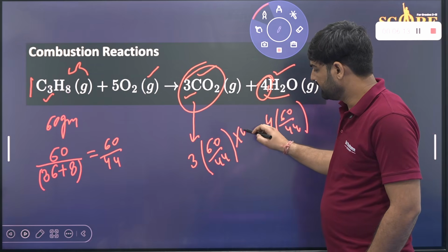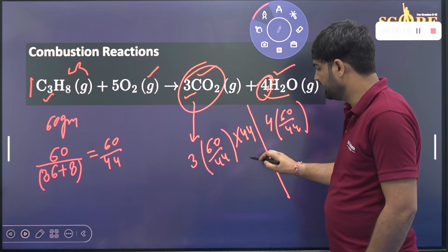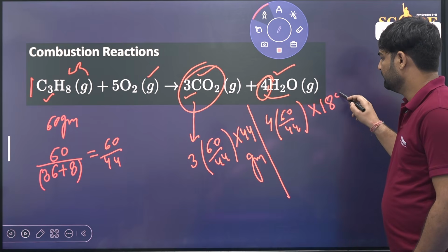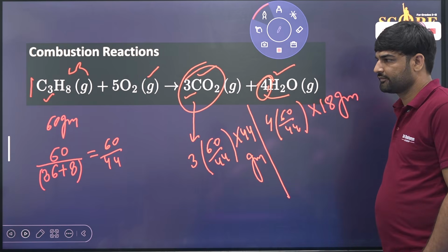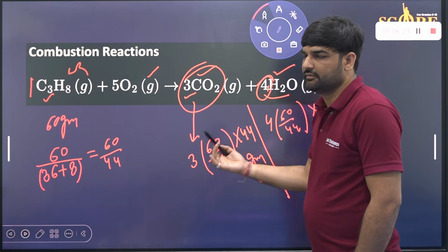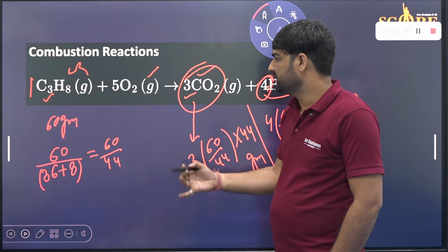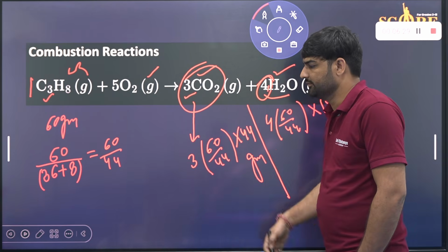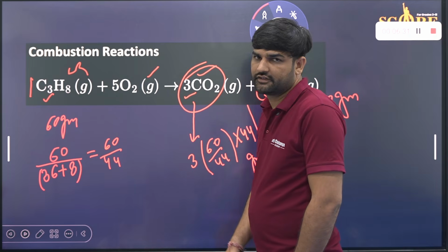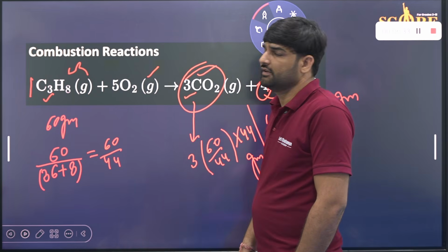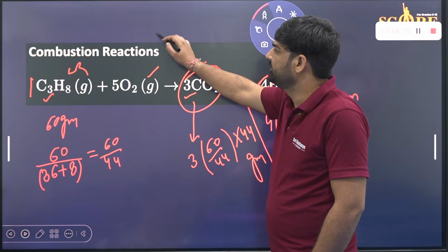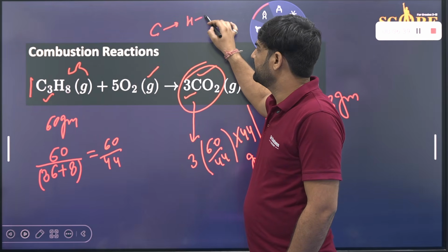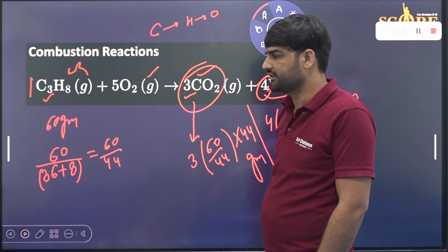If you want to find the mass, then you have to multiply by molar mass, 18 gram for water. So this was about combustion reaction, how we can calculate the mass of the product formed, and balancing of the combustion reaction. For balancing there is a certain pattern: first we balance carbon, then hydrogen, then oxygen.